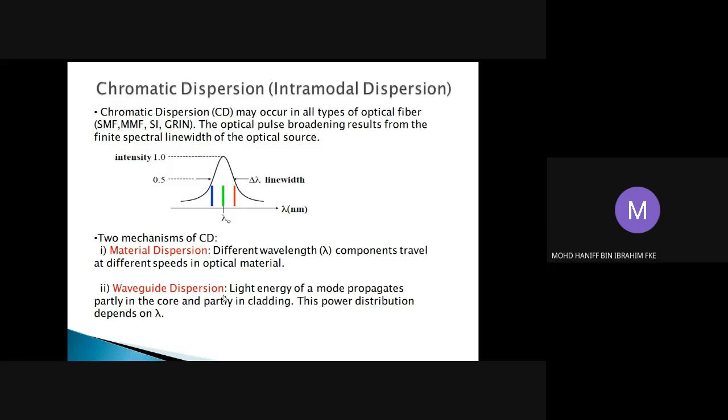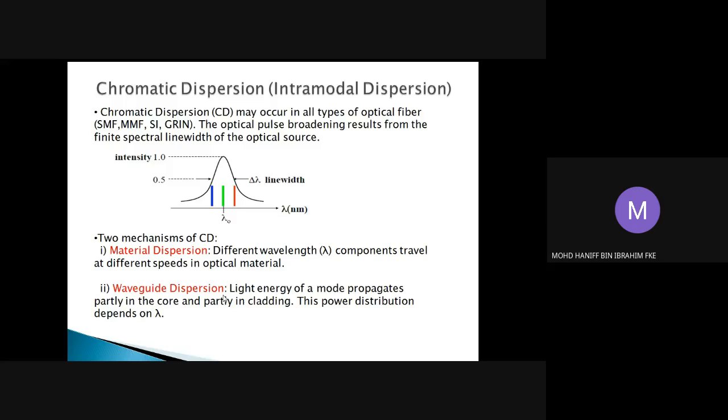As opposed to the intermodal dispersion that we have learned before, which is only severe or observed in multimode fiber, both step index and graded index, the chromatic dispersion occurs in both single mode and multimode fiber.